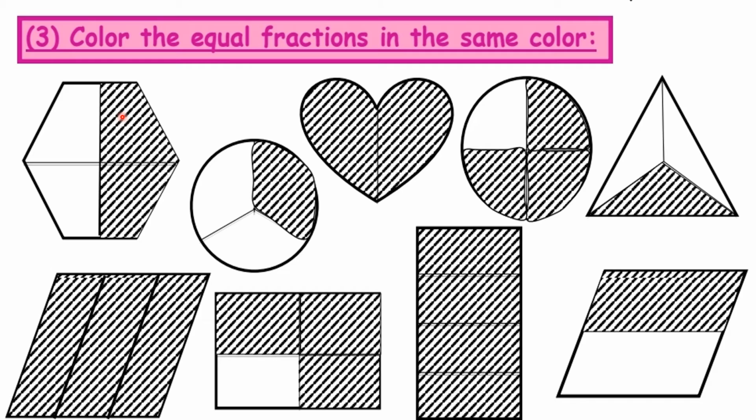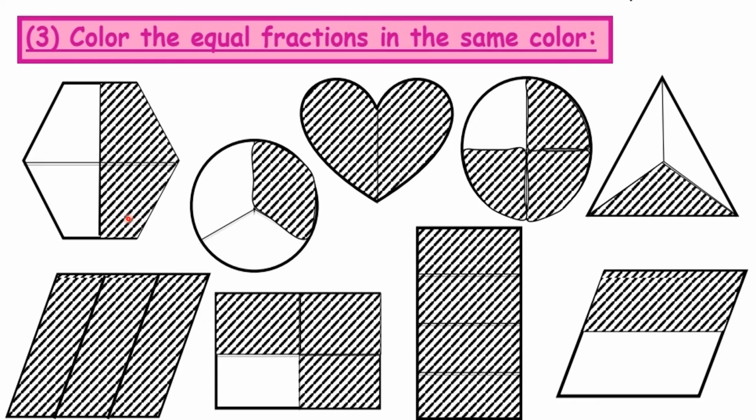Color the equal fractions in the same color. So I will see which shapes are equal in fraction. I will color them with the same color. Let's look here. This is my first shape. Half of the shape is colored.